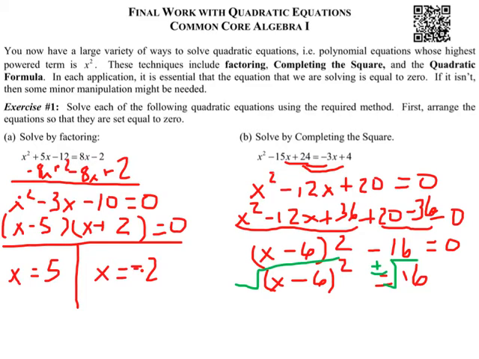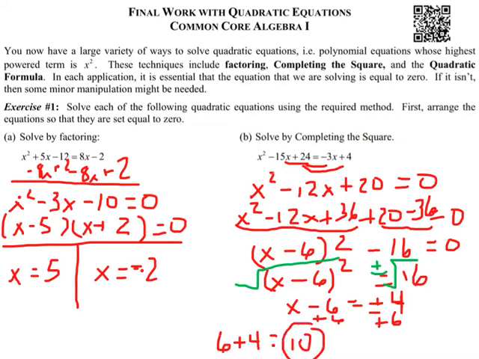And I will end up getting that x minus 6 is equal to plus or minus 4. That means I have 2 answers once I add 6 to both sides. I have a 6 plus a 4, which is 10 as an answer. Bingo. And I have a 6 and a minus a 4, which means 2 is my other answer.